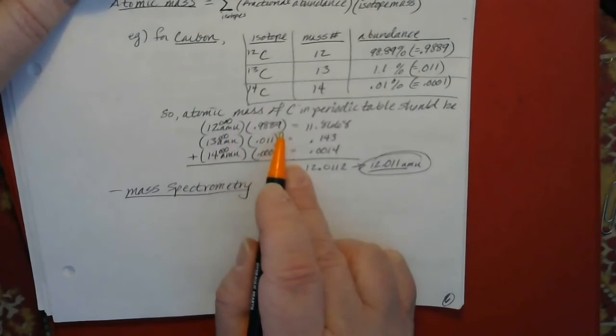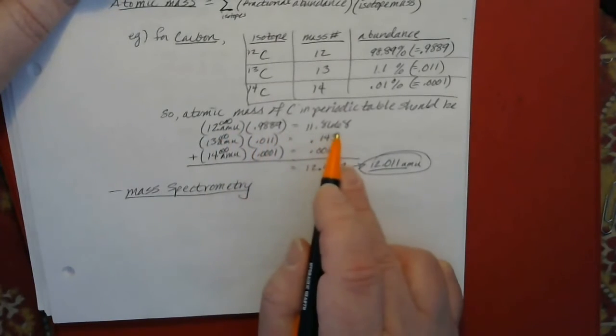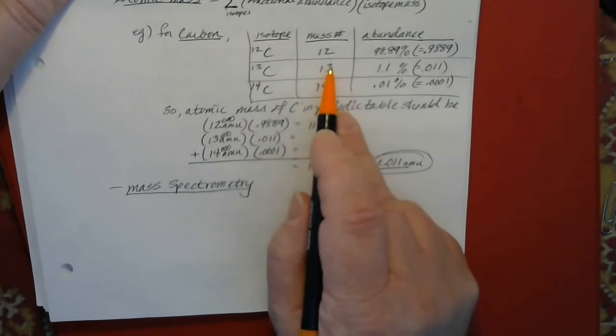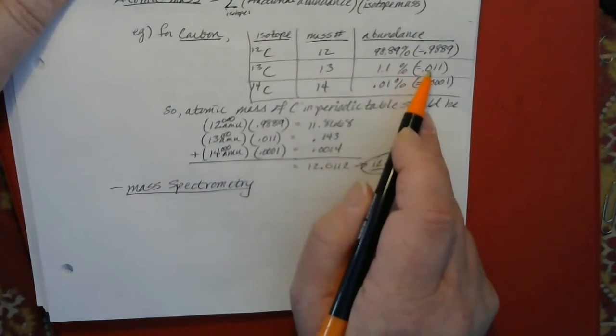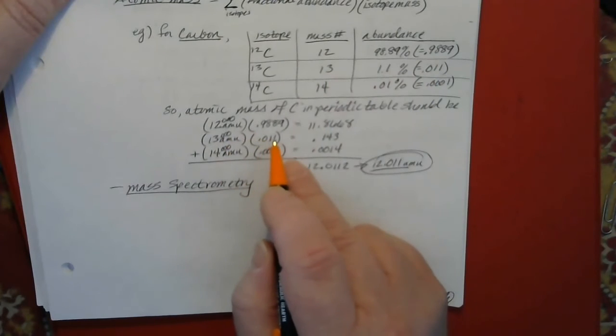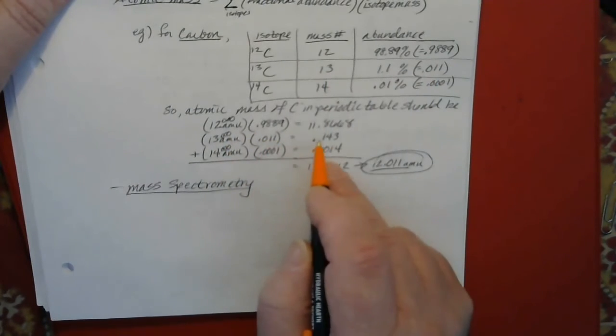12.000 times 0.9889. That's 11.8668. And then you take the mass of carbon-13 times its abundance as a decimal. So it's 13 exactly times 0.011, which is 0.143.